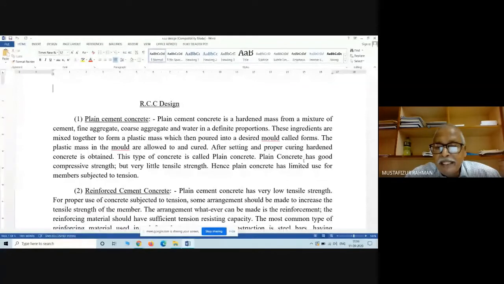At this moment it is not having any strength. But remember, we require this concrete to get strength for the construction of our structure, whatever it may be: a beam, a column, a slab, a foundation.